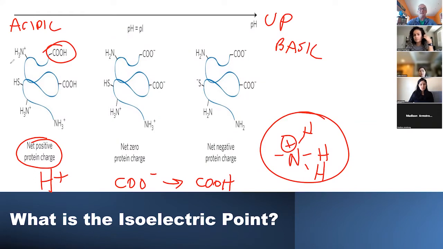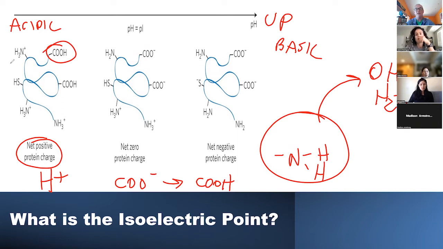Under basic conditions, the exact opposite takes place. Under basic conditions, we have more hydroxide ion. So the hydroxide ion is going to pull these protons off and make water. Therefore, turning that basic amino acid back into being uncharged.